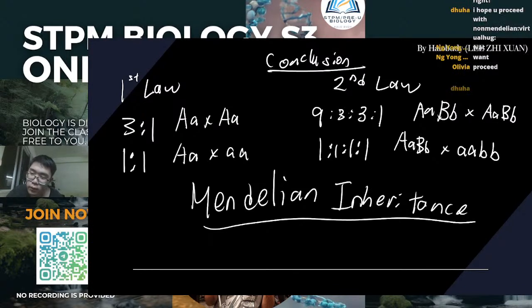Okay, non-Mendelian, because non-Mendelian is the part that most of you are very confused about, when you compare with Mendelian. My slide is divided into 3 parts. For today, I will only proceed to part 1.